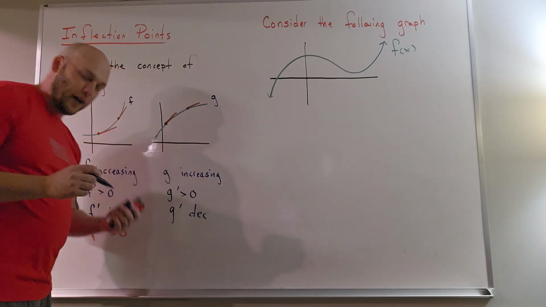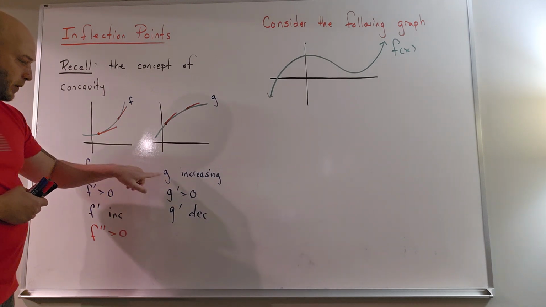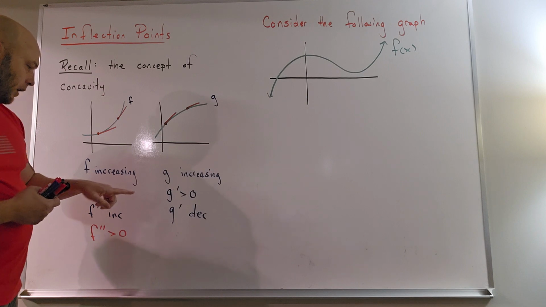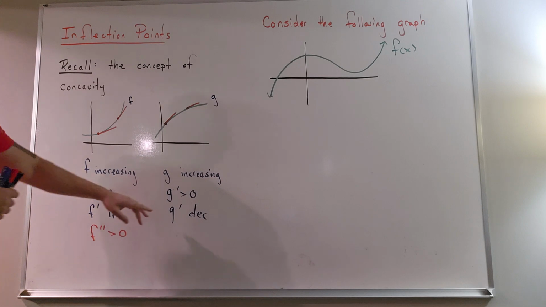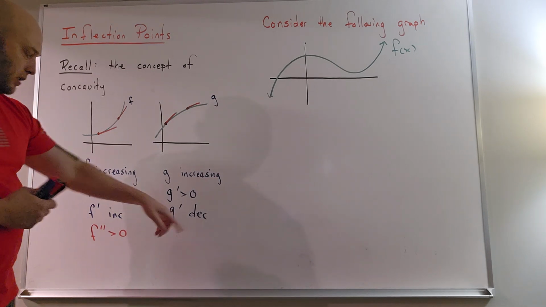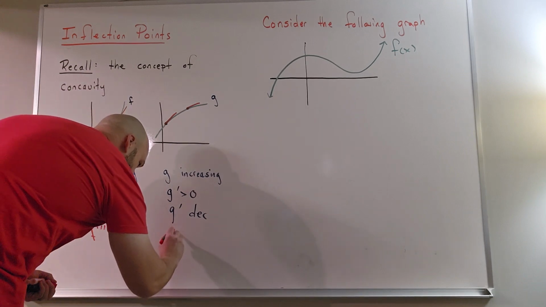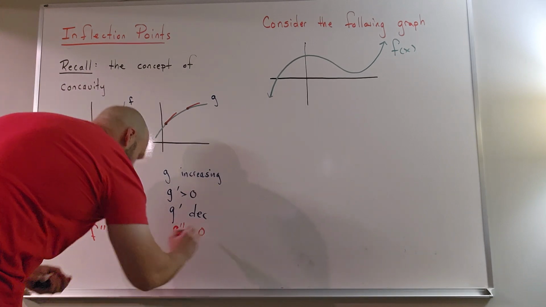Yes, I'm with you. I got it. Okay, so if the derivative is positive, that means the function is increasing. Oh, sorry, I don't have that listed up here. If a function is decreasing, that means its derivative is negative. So that means that g double prime is negative.